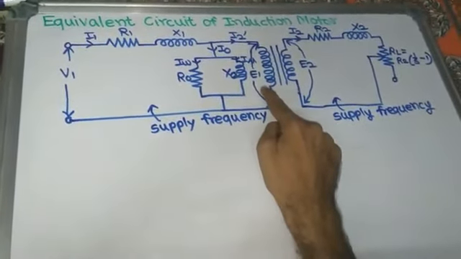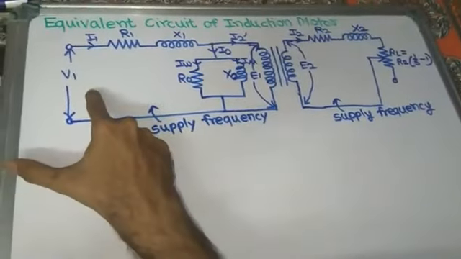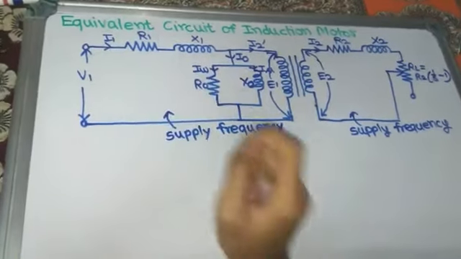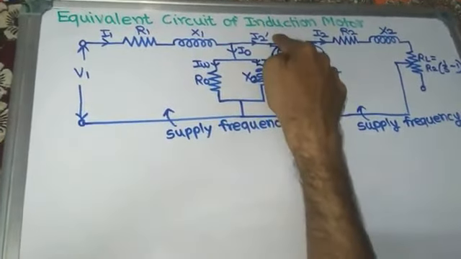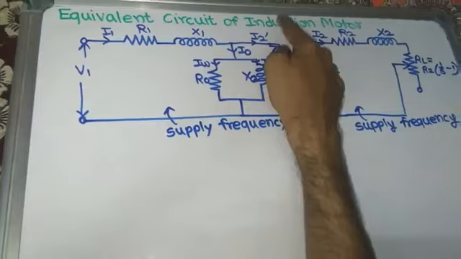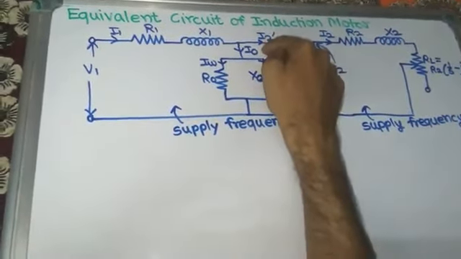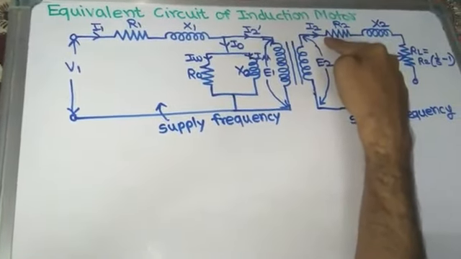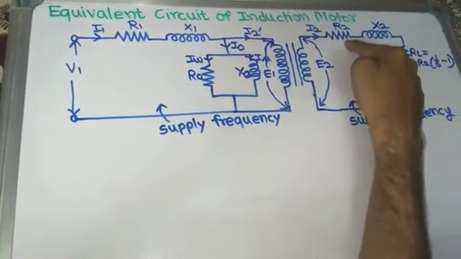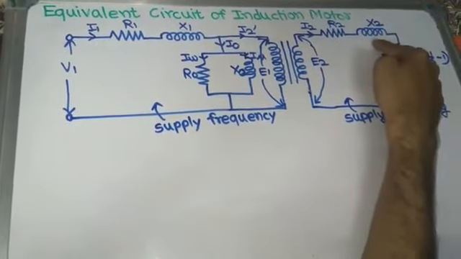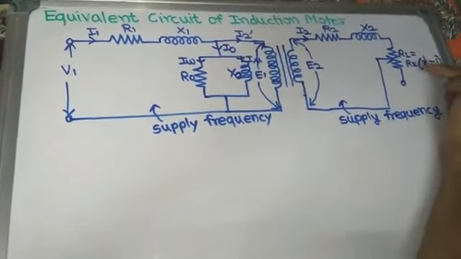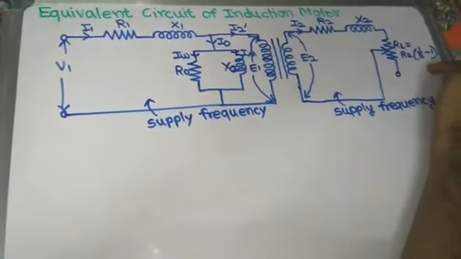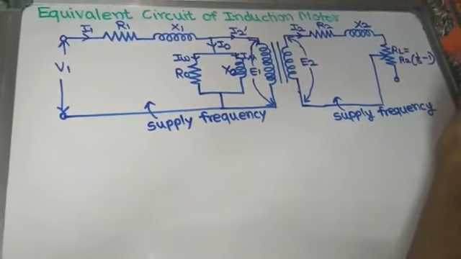E1 is the induced EMF in the stator per phase, V1 is the applied voltage to the stator per phase, I1 is the current flowing through the stator per phase, I2 dash is the reflected secondary current, the reflected rotor current per phase, I0 is the no load current per phase, I2 is the rotor current per phase, R2 is the rotor resistance per phase, X2 is the leakage reactance of the rotor per phase, and RL, which equals R2 times (1/S minus 1), is the electrical equivalent of the mechanical load.